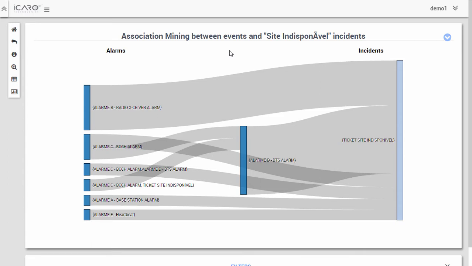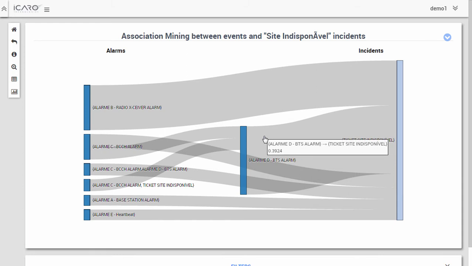For example, for this particular customer, we had a trouble ticket of cell site unavailable. This is a mobile telecommunications provider. And the algorithm found out that 40% of the times they had a cell site unavailable, an hour and a half prior to that, they received a specific PTS alarm. Here, everything is defaced, of course.